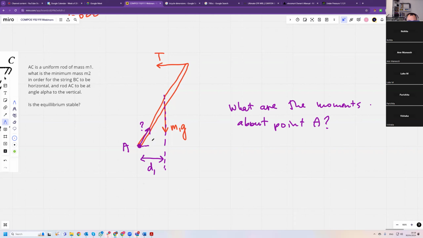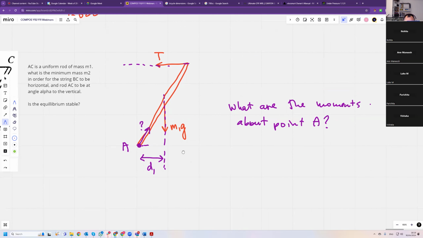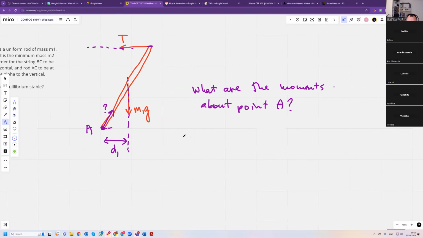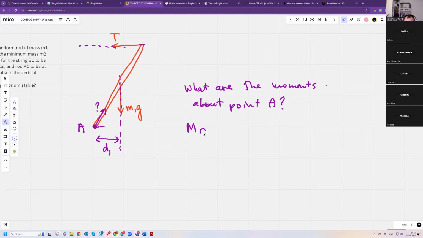Let's call this D1 and let's call this D. Okay, let's not call this anything yet. So the clockwise moment, because M1G produces a clockwise moment, it's attempting to rotate it clockwise like this.